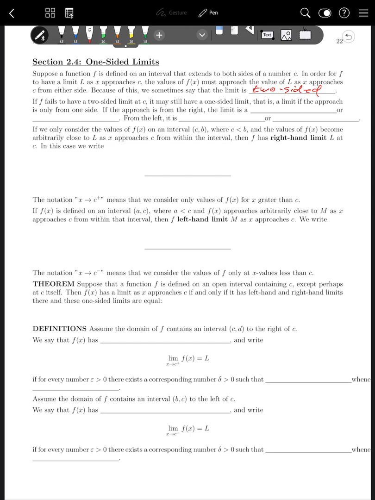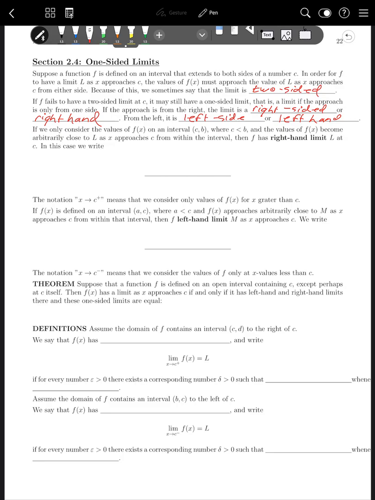If the approach is from the right, the limit is a right-sided or right-hand limit. Or from the left, it's a left-hand limit.